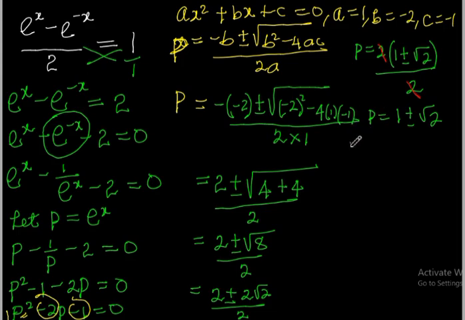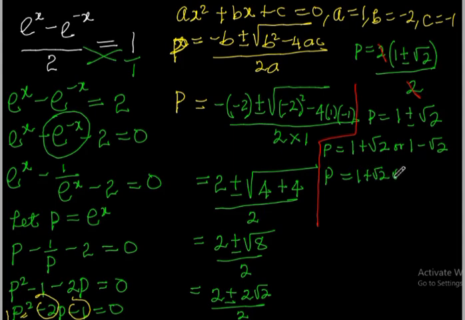So in that case p assumes two values: p equals 1 plus root 2 or 1 minus root 2.